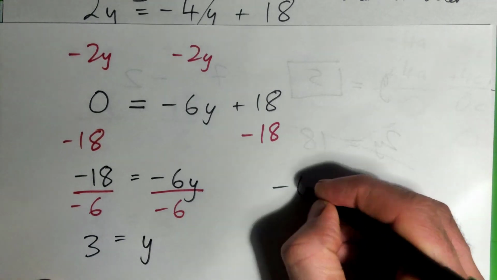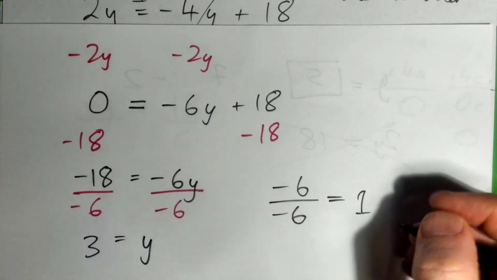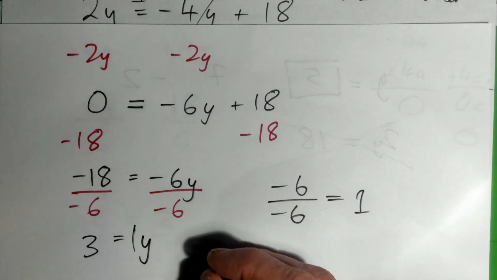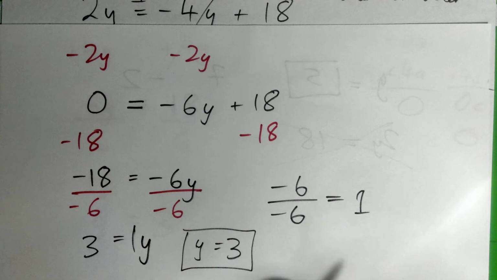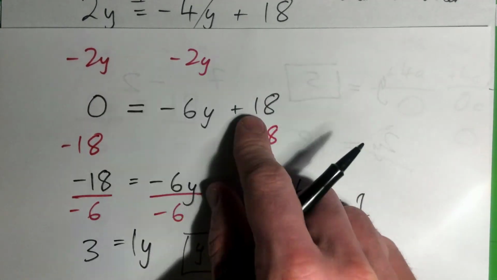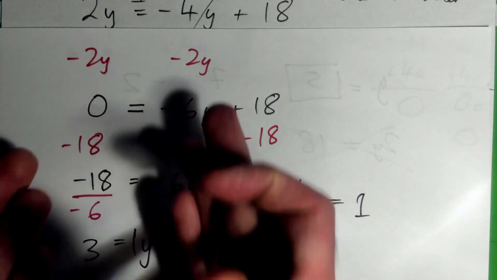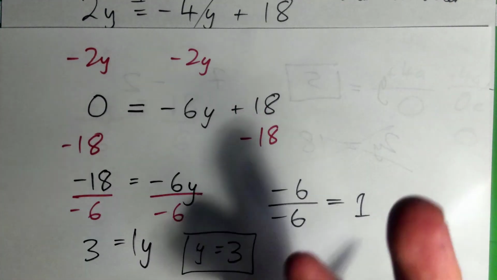Because look, negative 6 over negative 6 is what? It's 1. It's not 0, it's 1. So that's 1y, or y. y equals 3. And is that the same thing as we got last time? Yeah, so we did a crazy route. We did all sorts of crazy things, but we didn't make a mistake. It just wasn't the neatest way to do it.